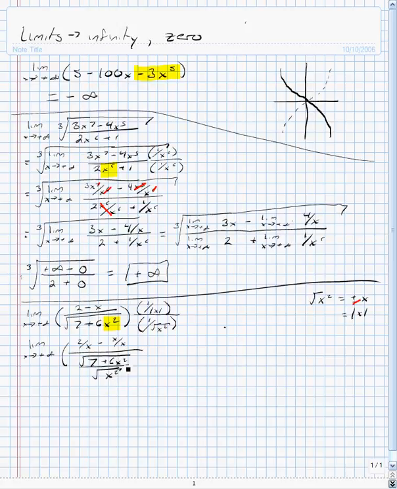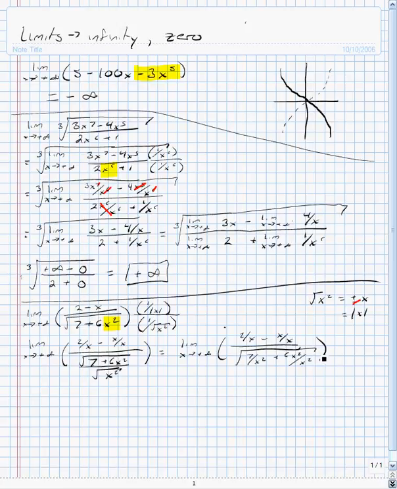Now if we go back and review the beginning of the book, we'll remember that a square root over a square root can be simplified to a single square root. So we'll get the limit as x approaches positive infinity of 2 over x minus x over x, over the square root. I'm going to put that inside of the square root and also distribute it at the same time, so we get 7 over x squared plus 6 over x squared.